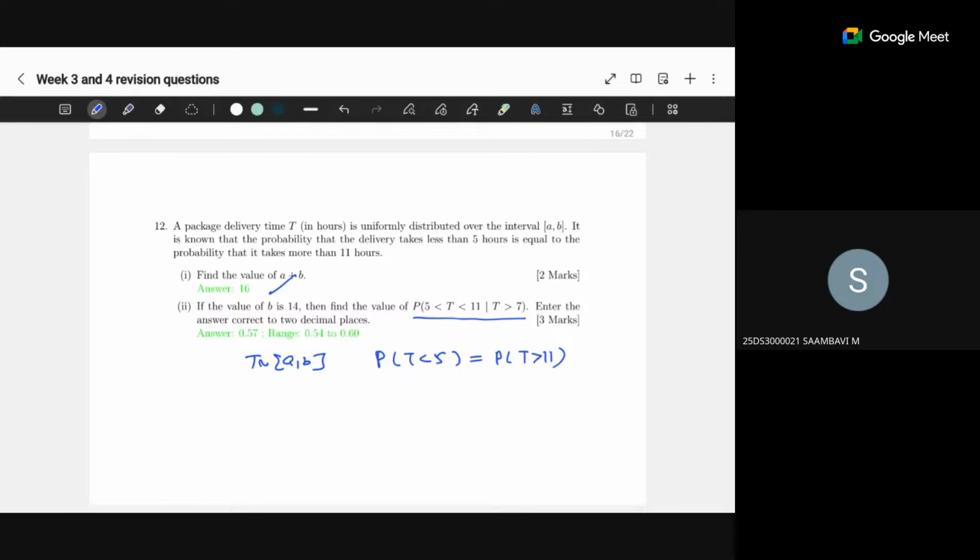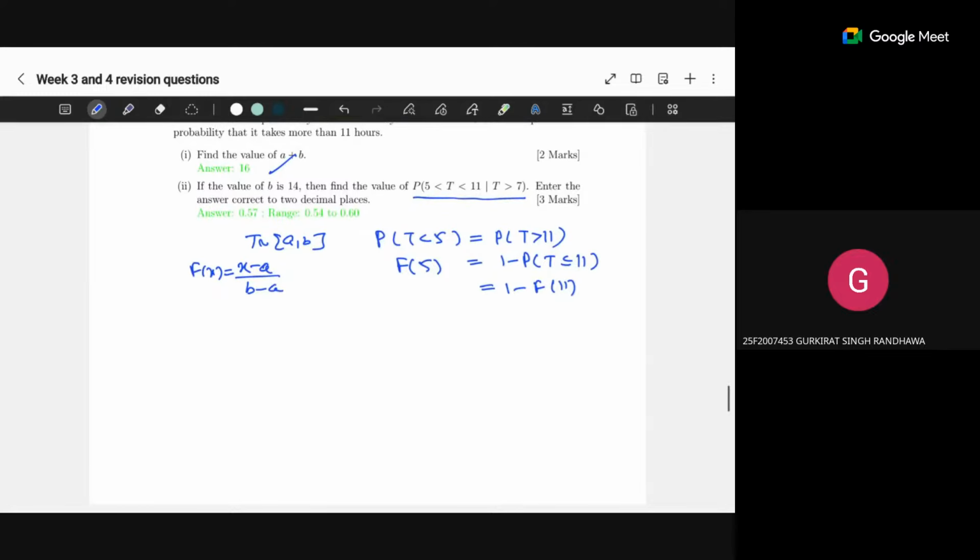It is basically my CDF, and the CDF of a uniform distribution is x minus a upon b minus a. Correct. So this is F of 5, and I can write the other as 1 minus probability of t less than or equal to 11, so 1 minus F of 11. So F of 5 is 5 minus a upon b minus a equals 1 minus 11 minus a upon b minus a, right?